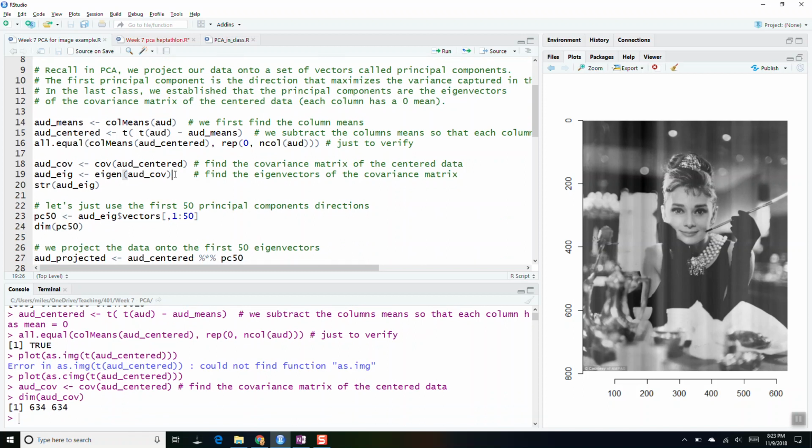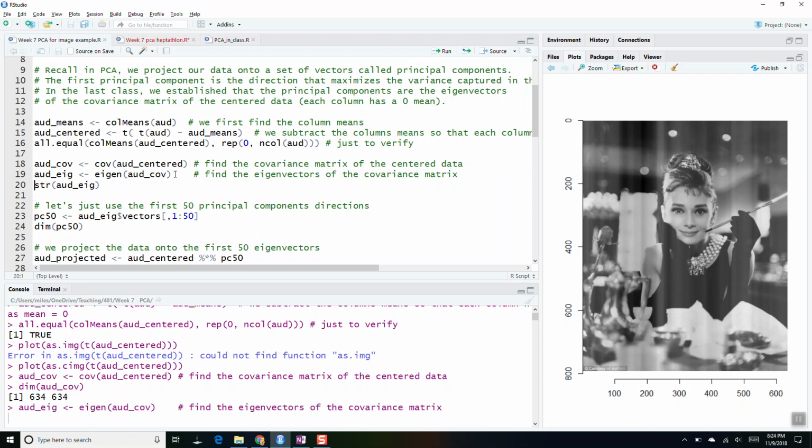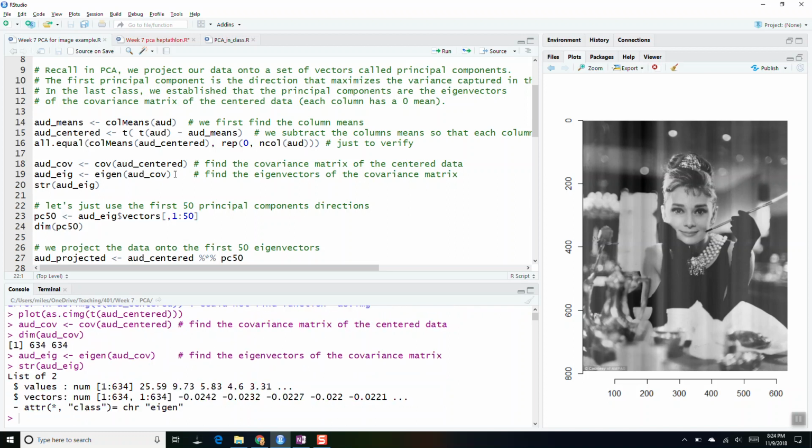And then I'm going to ask for the eigenvalues of our covariance matrix, okay? And if I look at that, I have 634 eigenvalues and 634 eigenvectors. Each eigenvector has 634 values in it, okay?